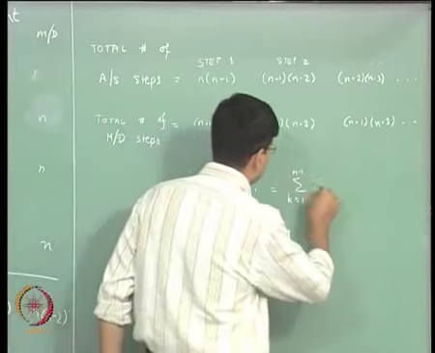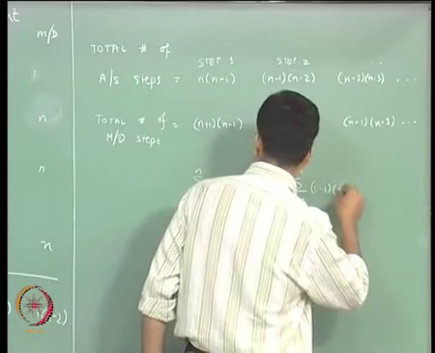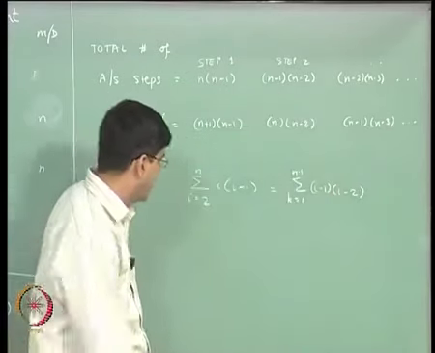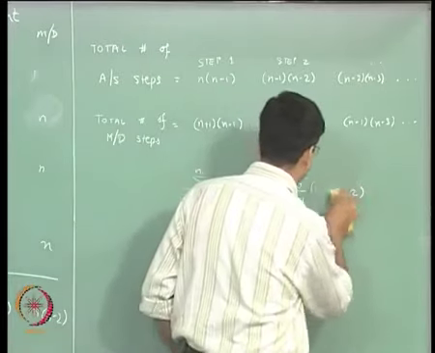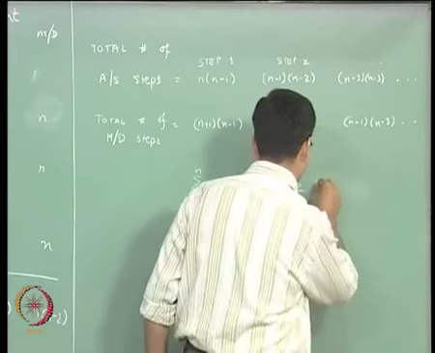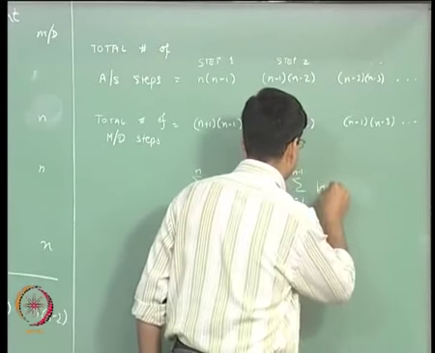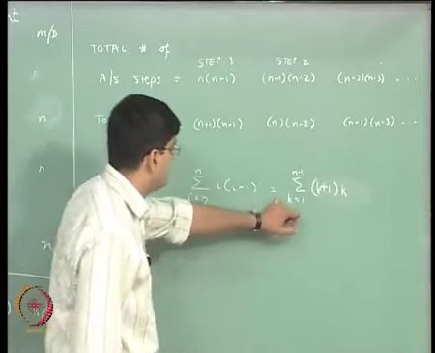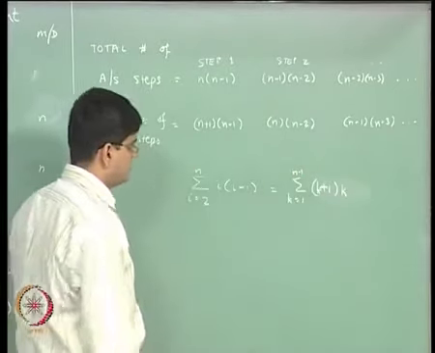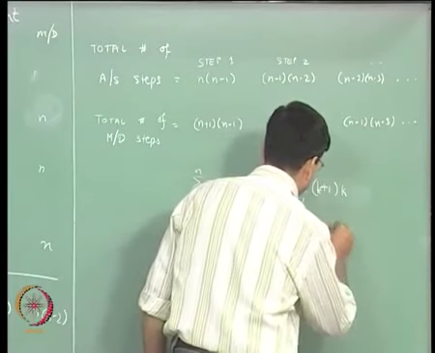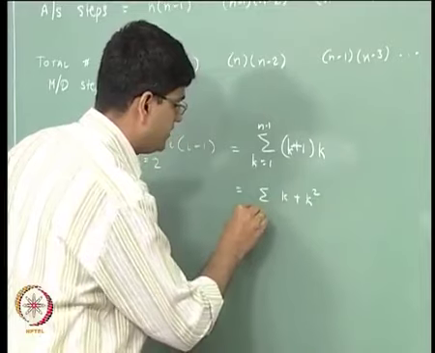So we can write this as I minus 1 multiplied by I, or k plus 1 multiplied by k, with k going from 1 to n minus 1, and this is going to be equal to the summation of k plus k square.